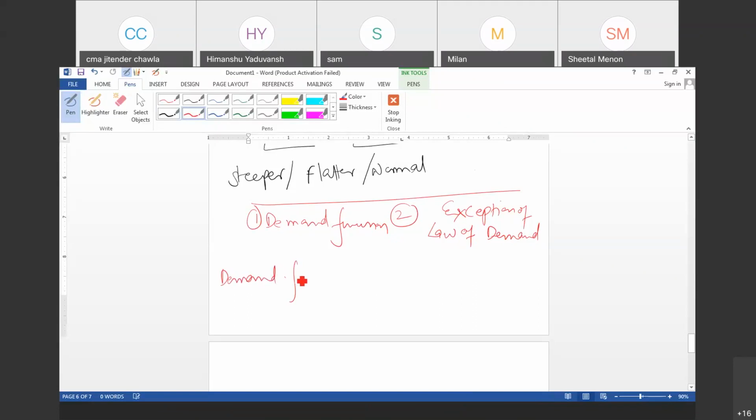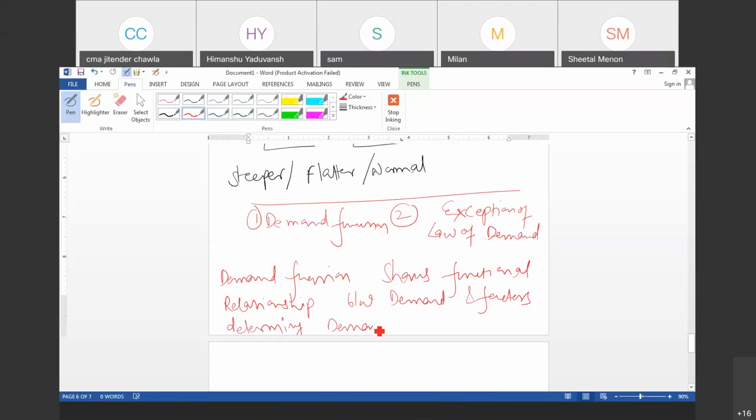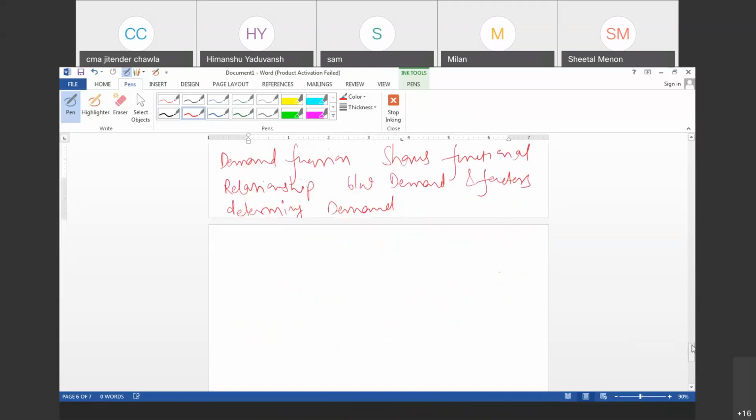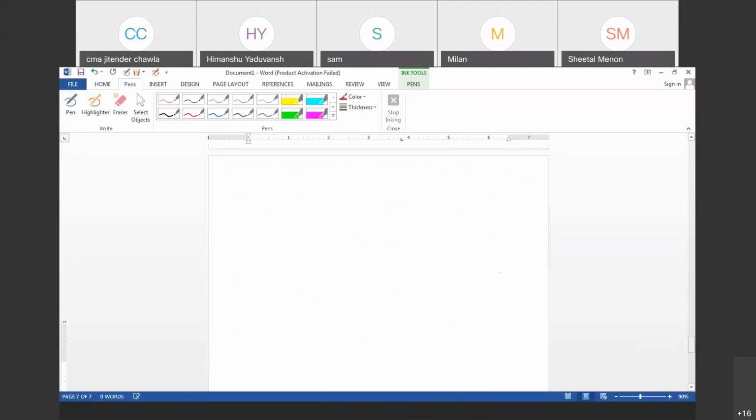Demand function shows the functional relationship between demand and the factors which determine demand. Can anyone of you tell me what are the factors determining demand?